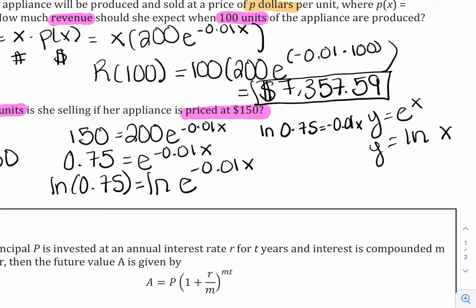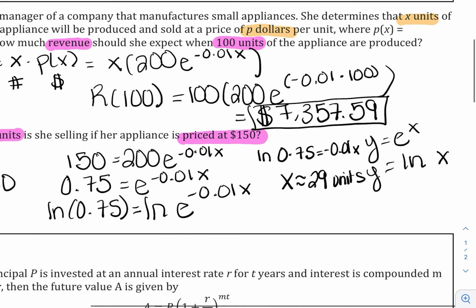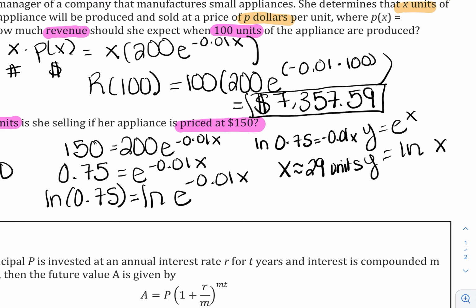And that's going to give me that x is approximately 29 units. Now, remember that they're asking how many units, and because we were talking about small appliances, you can't have partial appliances. So you have to round it to the nearest whole number. This is what's important when you're doing a word problem. Make sure that your answer makes sense in the context of what the problem is asking.